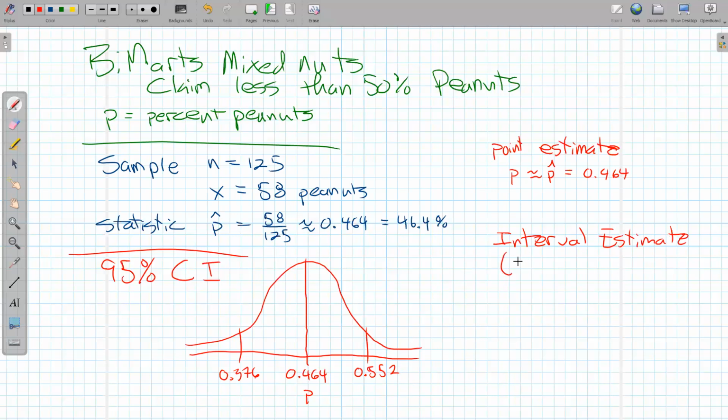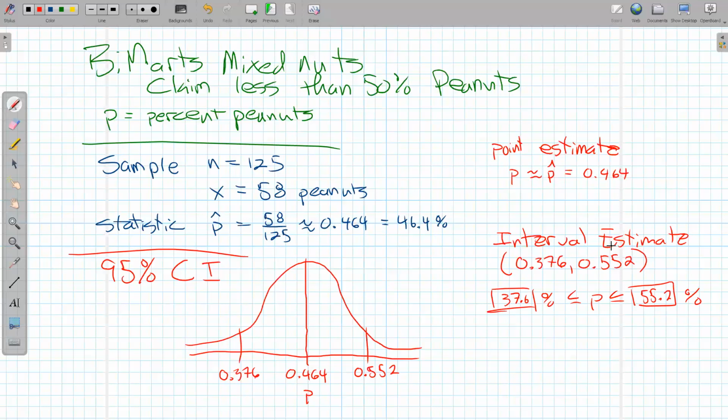So the interval estimate would be parentheses 0.376, comma 0.552. And in the online homework, just pay attention to whether it asks for a percent or a decimal. Sometimes you just type something like that in a box. Sometimes you'll see something like a box, percent, less than p, less than box, percent. In that case, I would enter 37.6 and 55.2, because they have the percent symbol outside. So pay attention to the fine print.